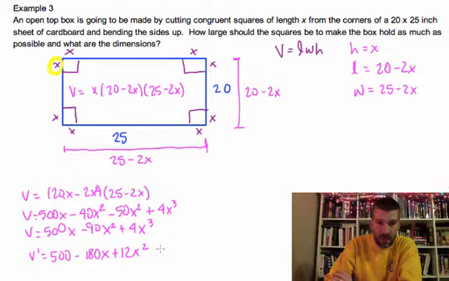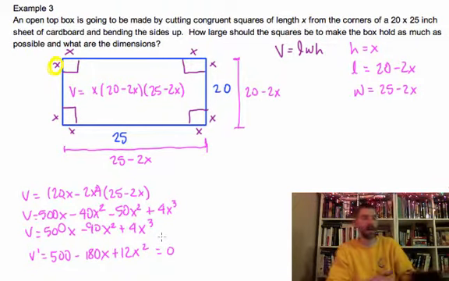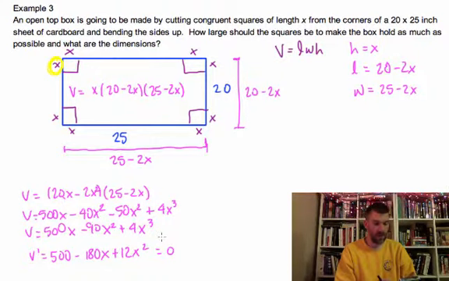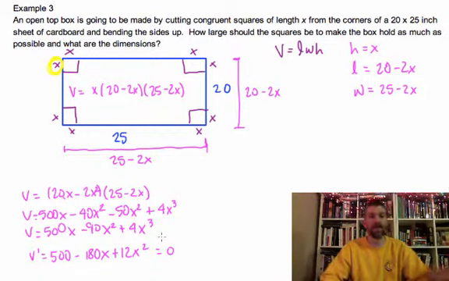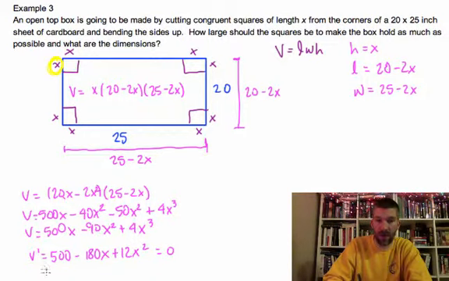When I set this thing equal to 0, is 500, I don't know if any of these numbers are divided by 12. Let's see. 180 divided by 12 is 15. 500 divided by 12 doesn't work. What about 500 divided by 6? I don't think that's going to work. So I can divide a 2 out of everything.